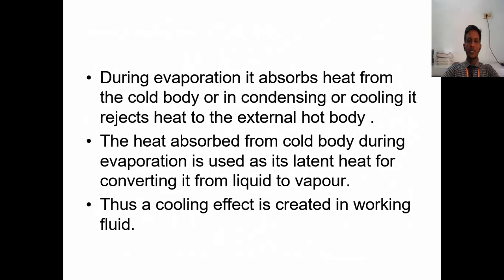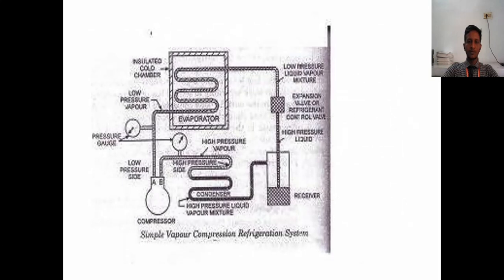We pass low temperature liquid into the evaporator, where heat absorption takes place. The refrigerant, after absorbing heat from the object, is converted to vapor. The absorption of heat as latent heat creates the cooling effect in the working fluid.